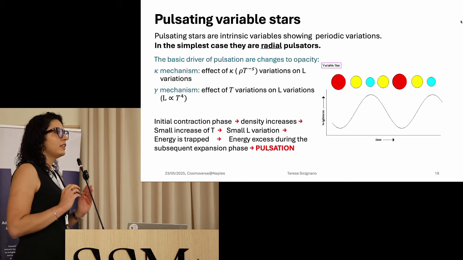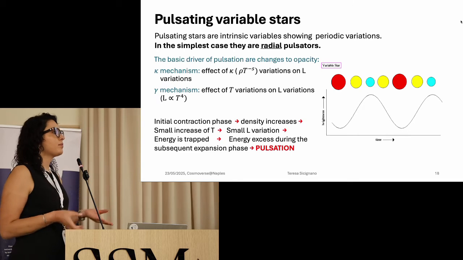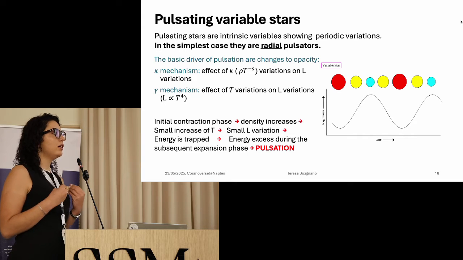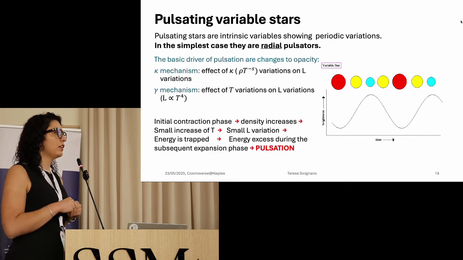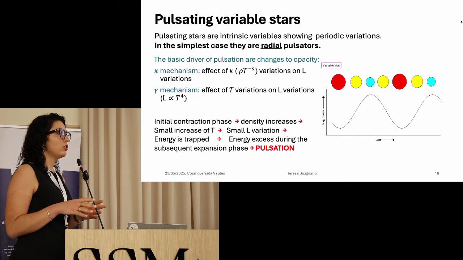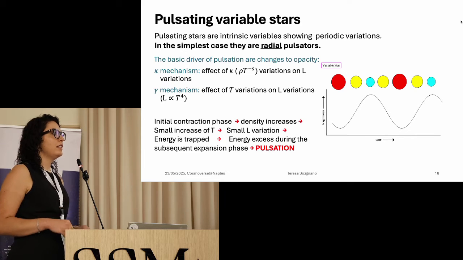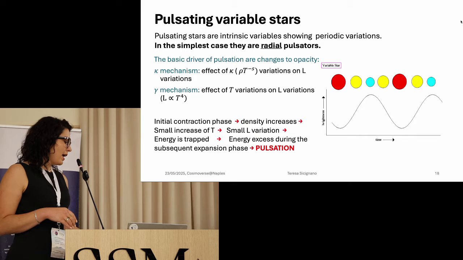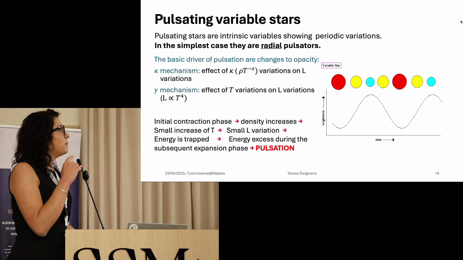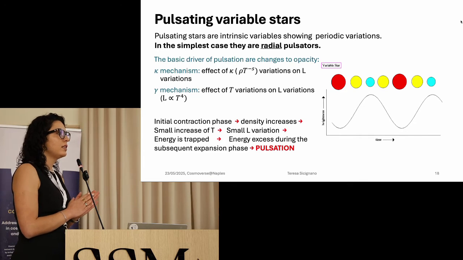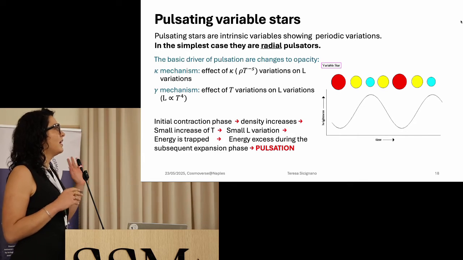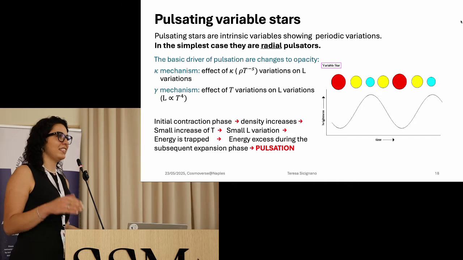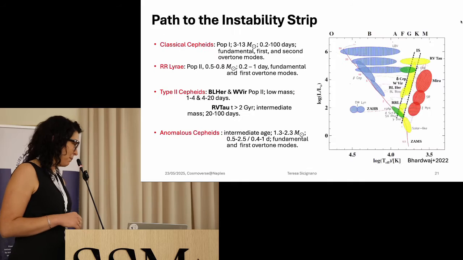Indeed, the external layers of the star are partially ionized, and they are not allowing the energy coming from the inside of the star to go outside. So there is a surplus in energy, and this surplus will allow pulsation to start. This mechanism we can observe when a star is inside the instability strip.